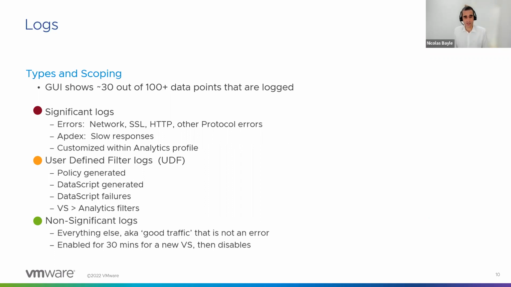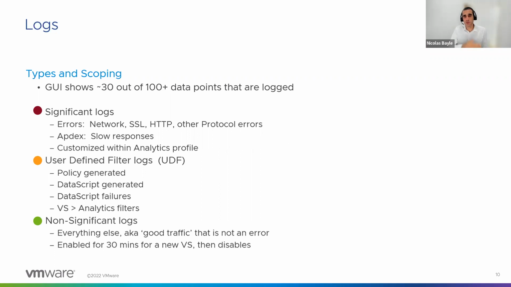And the last category that we provide is the user-defined filter logs. This one is quite interesting. Let's say you have a new application, you release the application, and you want to categorize some logs coming from specific clients.